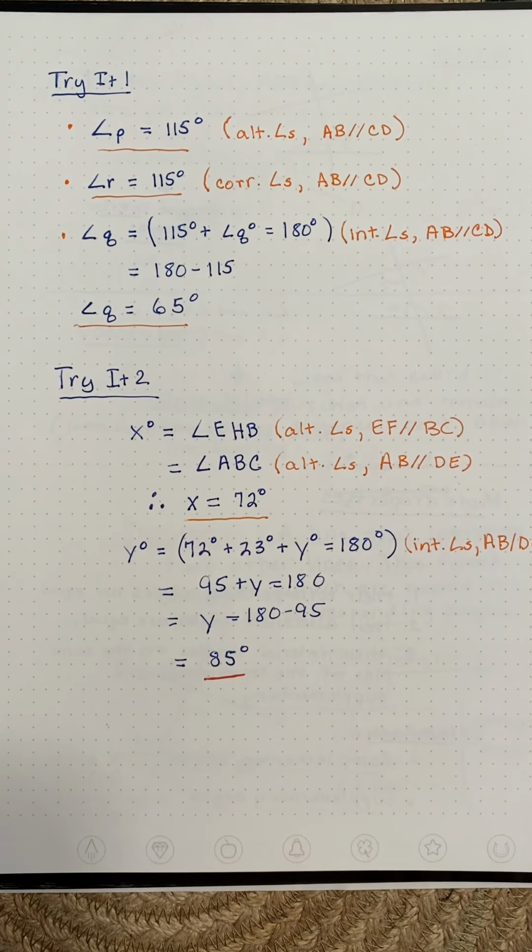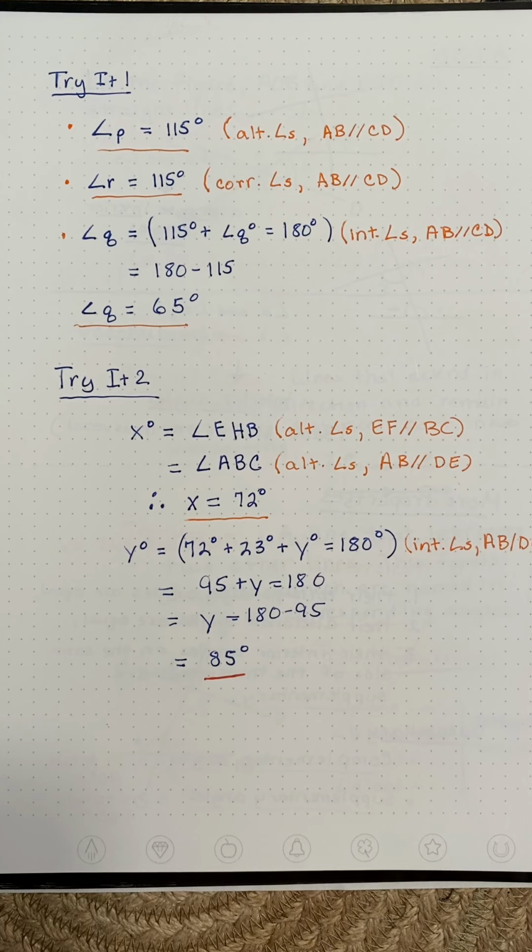Okay, the triads. Now with the triads, you really have to keep your wits about you so you know what you are looking at. So let's begin. Triad number one, page 190. In the figure that you see in 190, AB is parallel to CD.